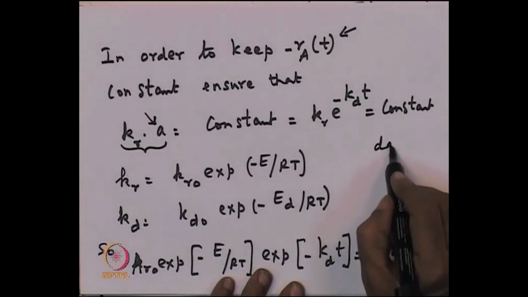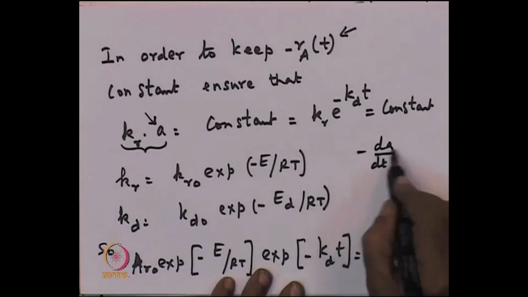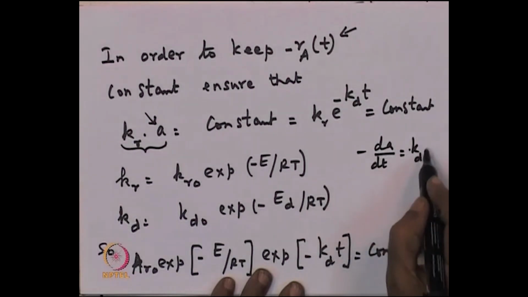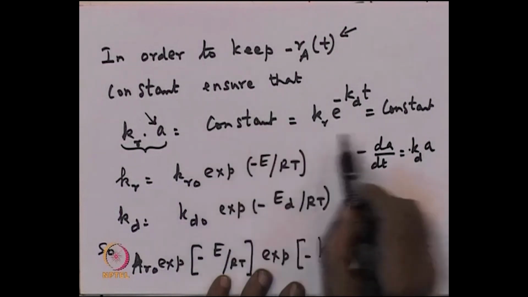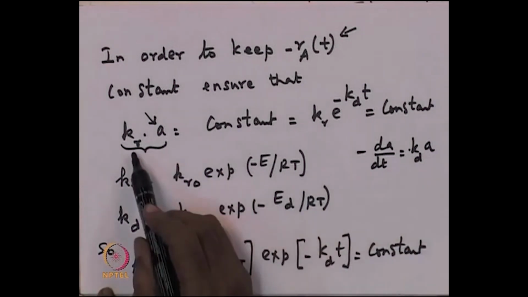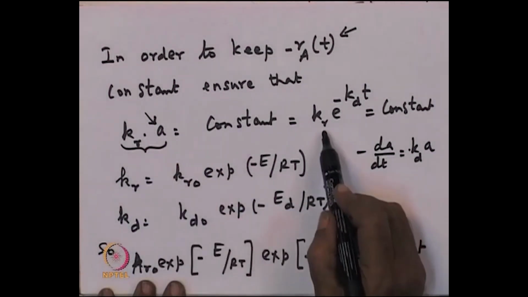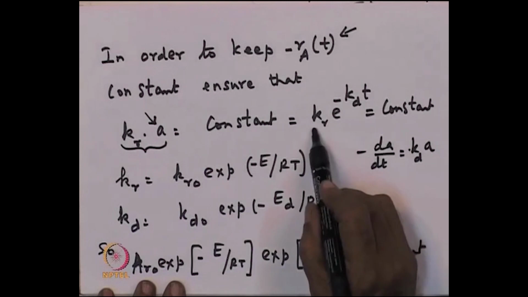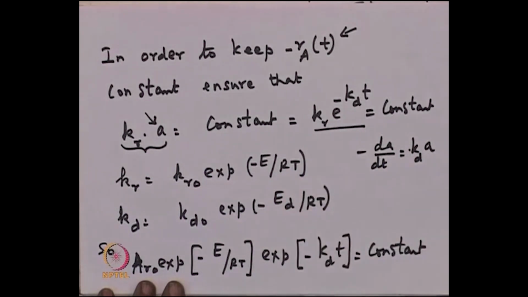We are saying that dA by dt equals minus Kd times A, therefore, A is decaying exponentially. If A decays exponentially, then we can write Kr times A equal to Kr times e to the power minus Kd t, therefore, this must be held constant. How do you keep it constant?